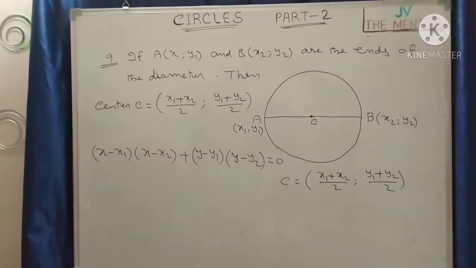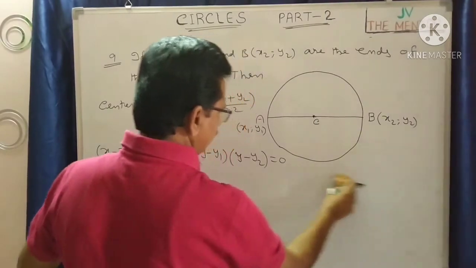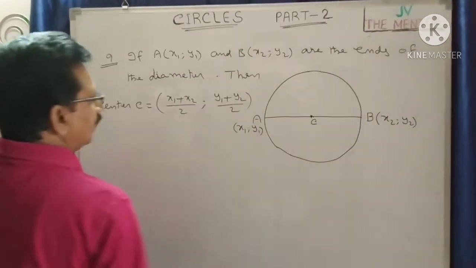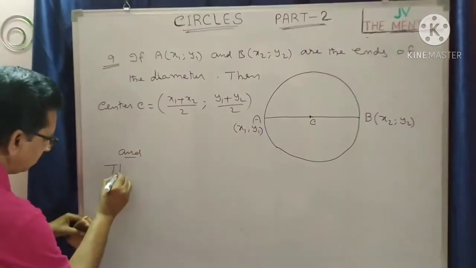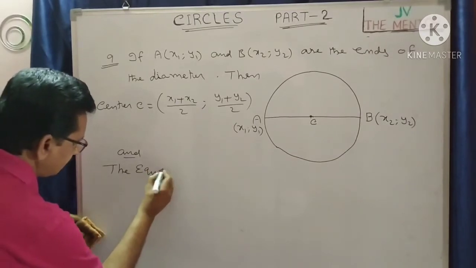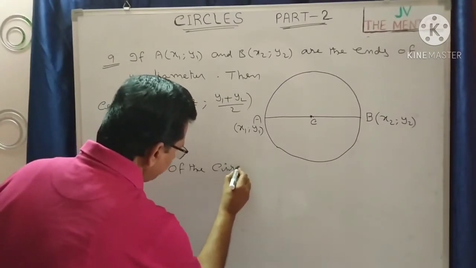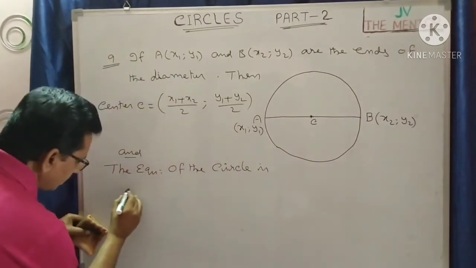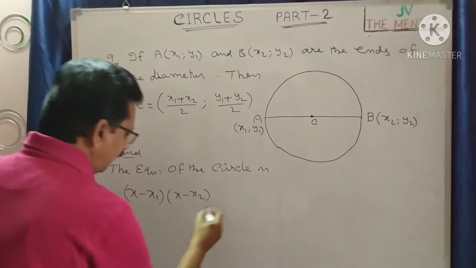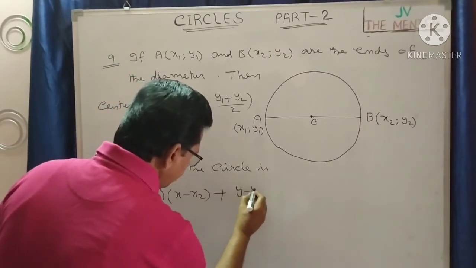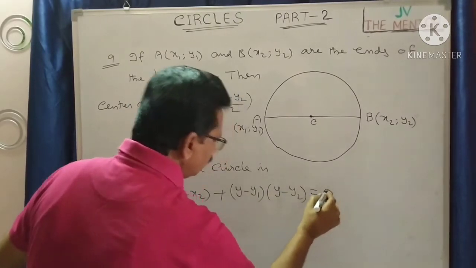And then the equation of the circle is (x minus x1)(x minus x2) plus (y minus y1) into (y minus y2) equal to 0.